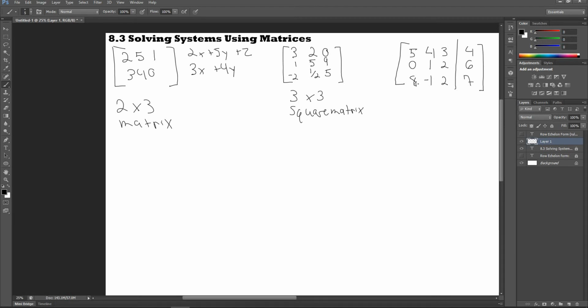We can go back and forth between matrices and expressions or equations. So this would be 5x plus 4y plus 3z equals 4. There's no x, and this is just y, plus 2z is equal to 6. And this is 8x minus y plus 2z is equal to 7. And we call this one an augmented matrix.